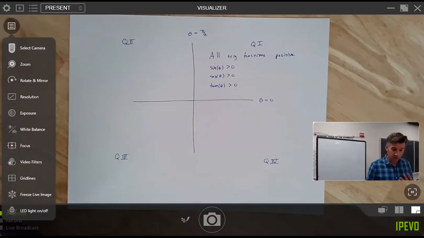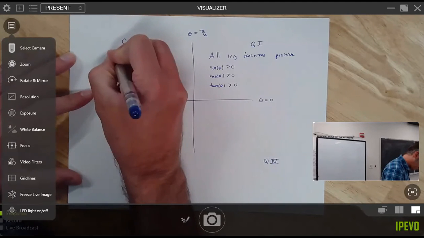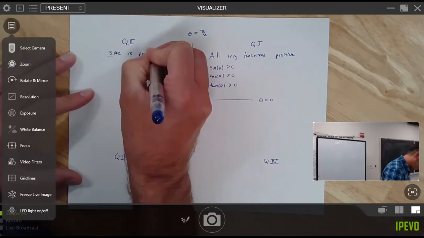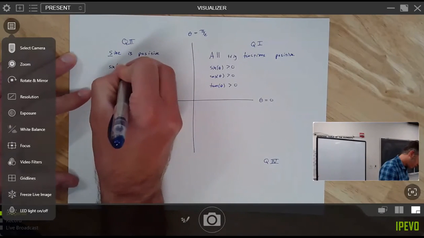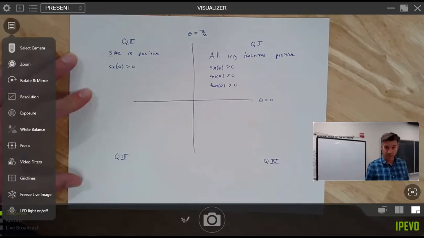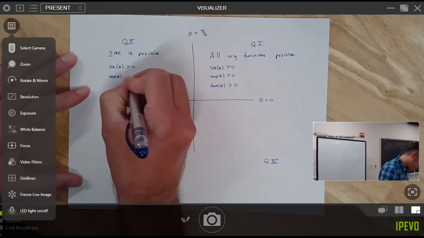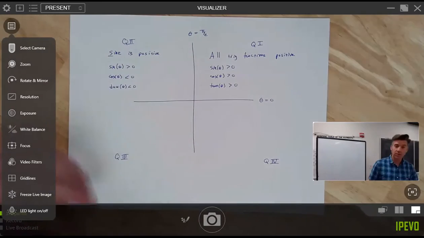Okay, in quadrant 2, sine is positive. So sine is greater than 0. And the other two primary trig functions, cosine and tangent, are less than 0.